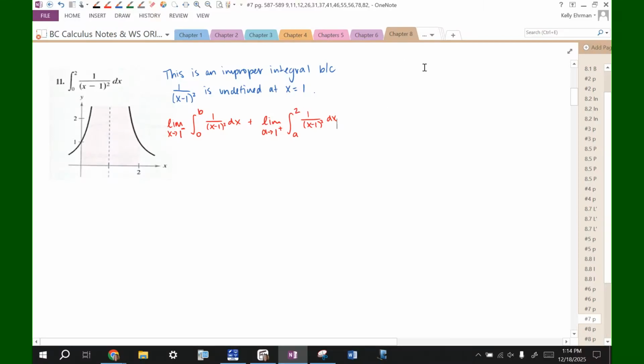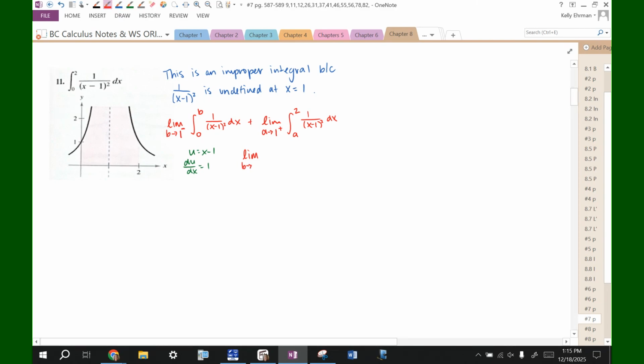Okay. There technically is u sub happening here. U is x minus 1. However, du dx is 1, so we don't really need to make any major adjustments. Just treat it like a 1 over u squared. All right, so this is going to be the limit as, I said x back here, I meant b, excuse me.